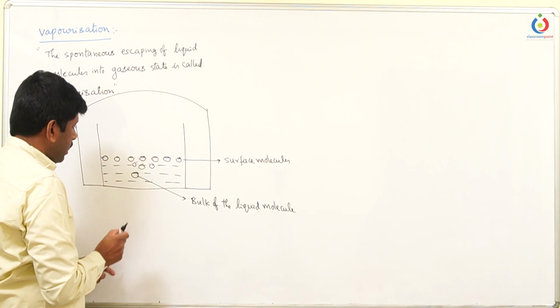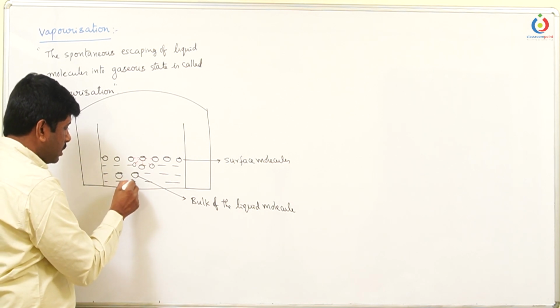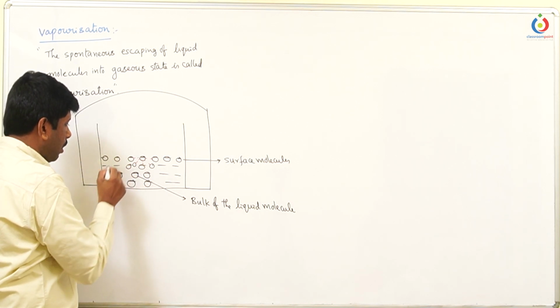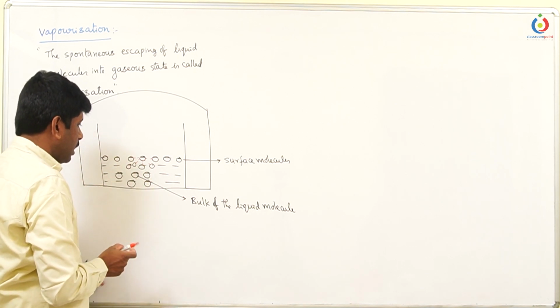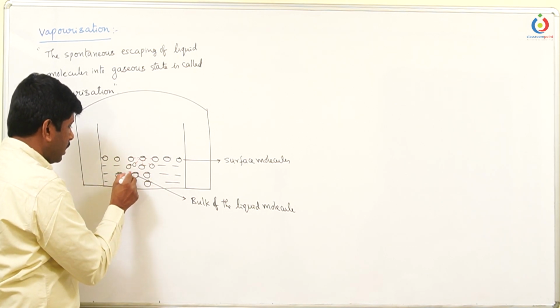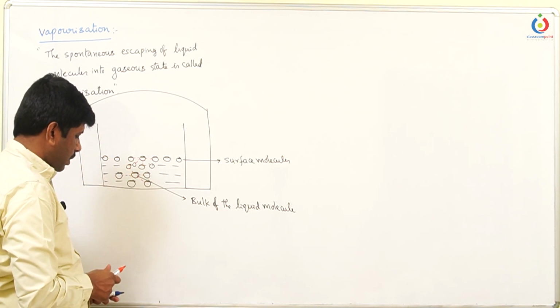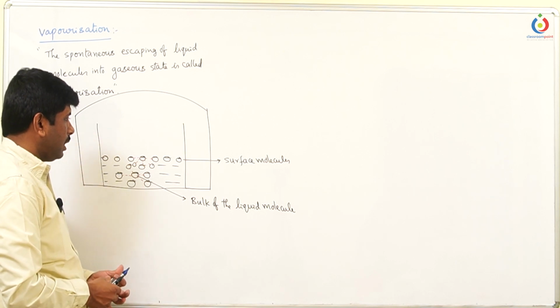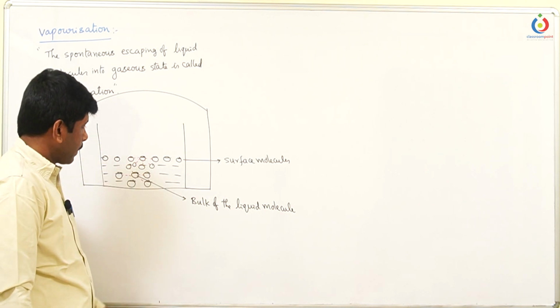But the molecule present in the bulk of the liquid is surrounded by all the other liquid molecules from all directions. So the molecule in the bulk experiences more intermolecular attractions compared to the molecule on the surface of the liquid.